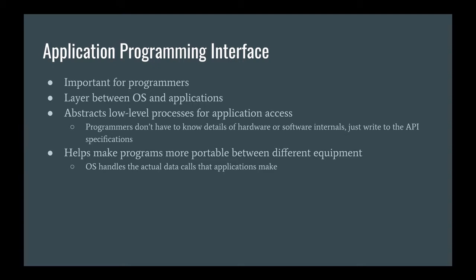And this comes to the application programming interface. And for programmers, this is probably one of the most important things. We just talked about how it acts as a layer between operating system, applications, and hardware. And it provides a building platform to target, and you don't need to know the functionality of a particular device.